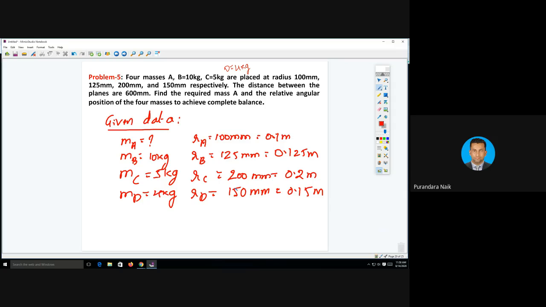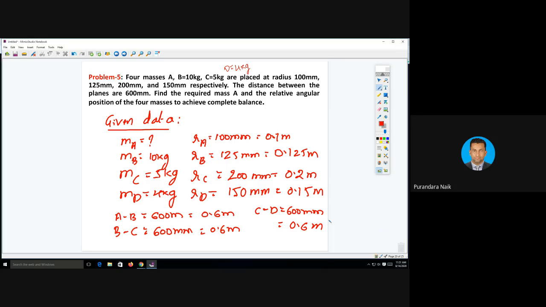Now the distance between the planes is given. Distance between A to B is 600 millimeter, equal to 0.6 meter. B to C is equal to 600, which is 0.6 meter. C to D is equal to 600 millimeter, also equal to 0.6 meter.